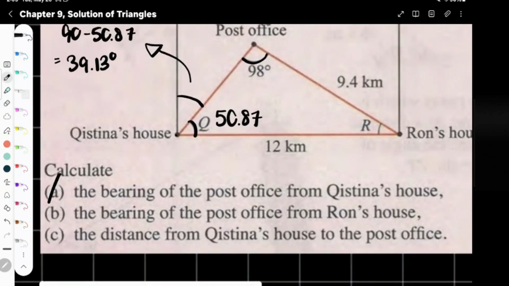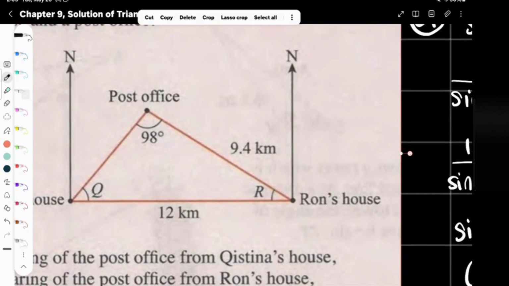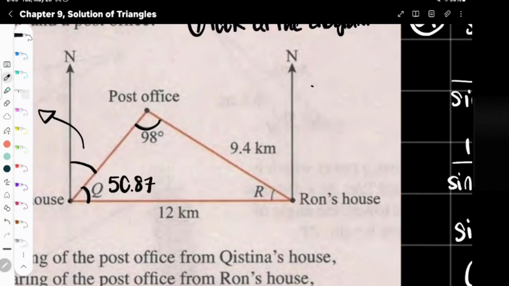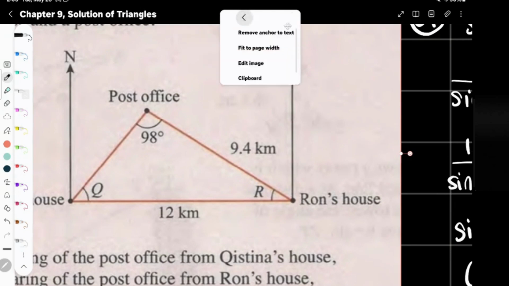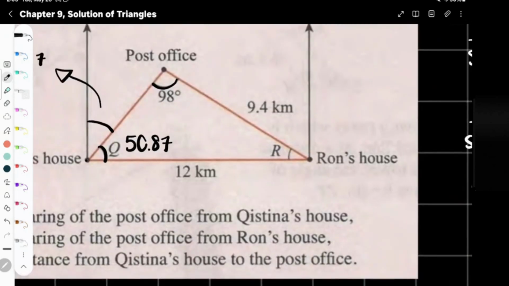So they ask the bearing, calculate the bearing of the post office from Ron's house. So Ron's house is here. They want you to find the bearing of the post office.